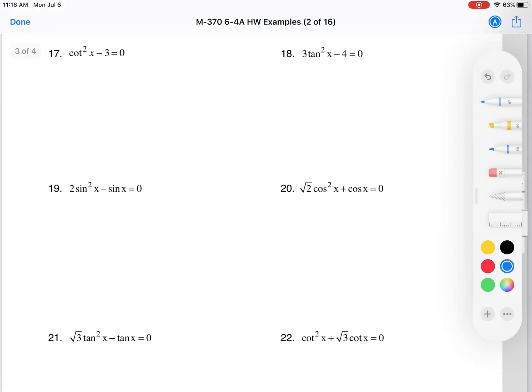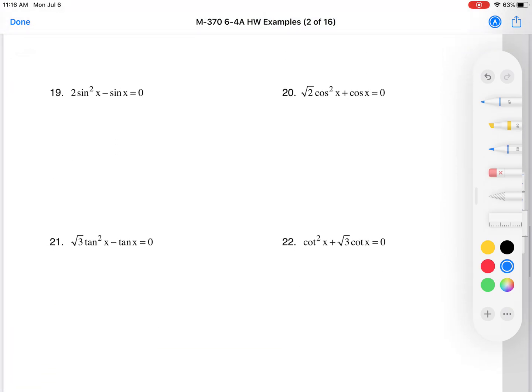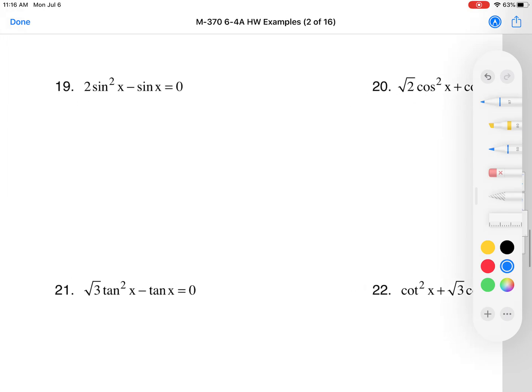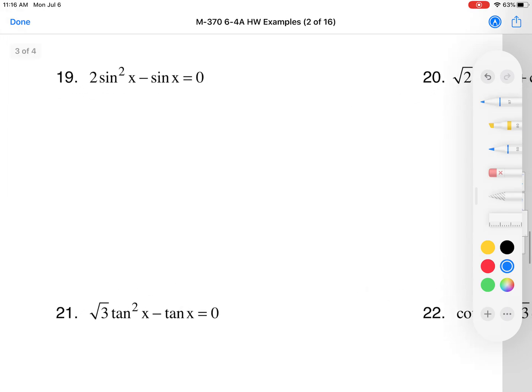Now let's look at ones where we have to factor ourselves. So when you're given one like number 19, you're going to think, oh, I've got to factor. You have to remember that you can't divide by anything. If you have something that's algebraic in nature, your really only way to do it is to ideally factor and set each of the factors equal to 0.